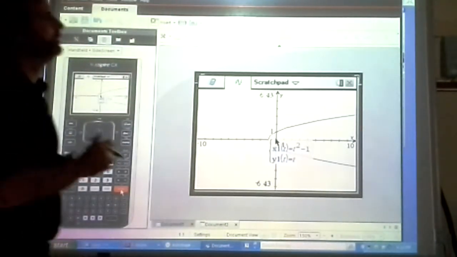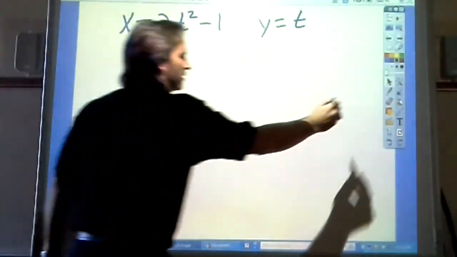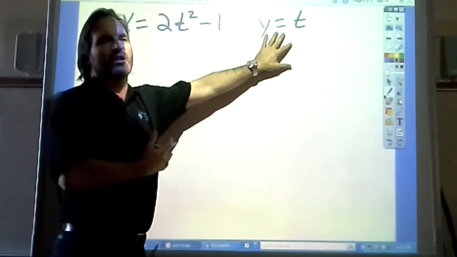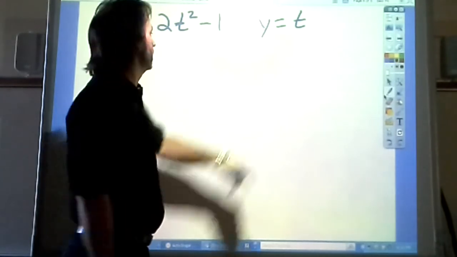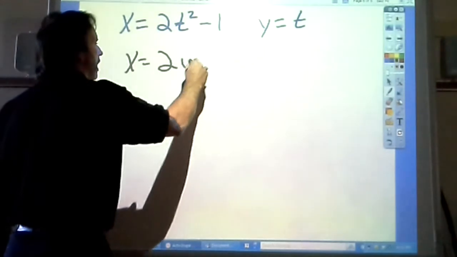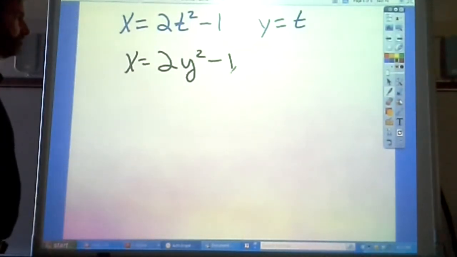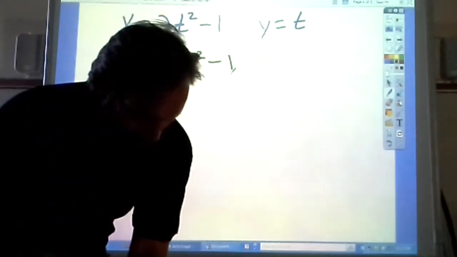So that's how we're going to go ahead and graph it. Solving for this is very easy. Remember, this one we don't have to do anything. How simple is this? This is number 18, and I'm having you do the odd problems. y equals t. So I'm just going to plug in: x equals 2y squared minus 1. If they want to solve in terms of, what did they ask for in this problem?